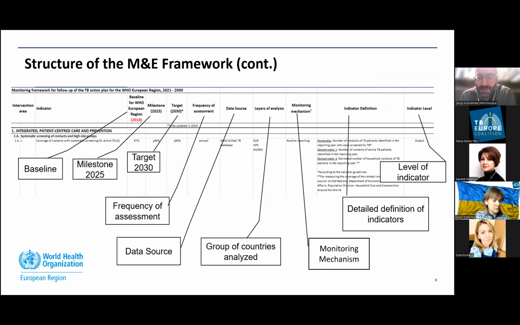As you may know, we have the high TB priority countries in the region, and some of the indicators are relevant only for this group of countries, as well as indicators that are relevant for the whole region, and maybe indicators that are relevant only for low burden TB disease countries. And then the very detailed definition of the indicator is also included in the MNE framework.